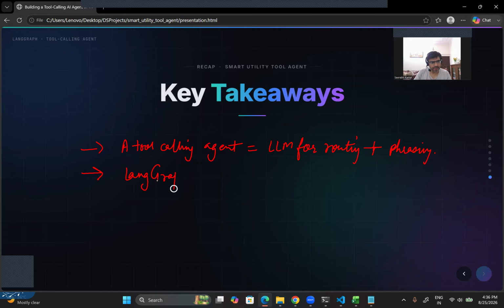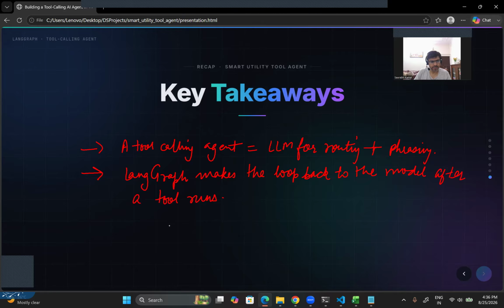Second, LangGraph makes the loop back to the model after a tool runs.